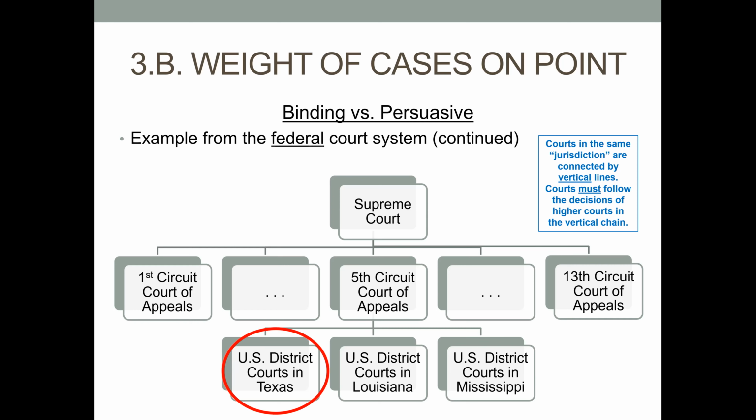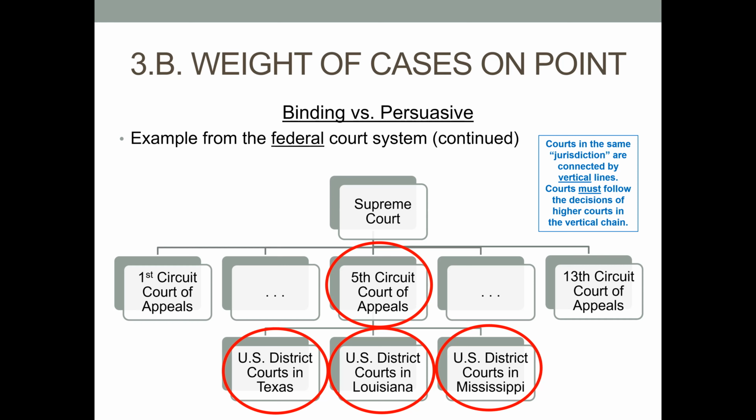If your client is in a U.S. District Court in Texas, or a U.S. District Court in Louisiana, or a U.S. District Court in Mississippi, then you see here we've got a vertical connection upward to the Fifth Circuit Court of Appeals, because that's the Circuit Court of Appeals that has appellate jurisdiction over the U.S. District Courts in these 3 states.